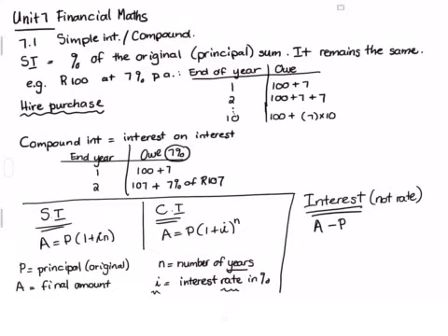Got it? So interest is just how much you paid extra. Interest rate is the percentage that they charge for you to borrow the money or that the bank gives you when you invest the money.